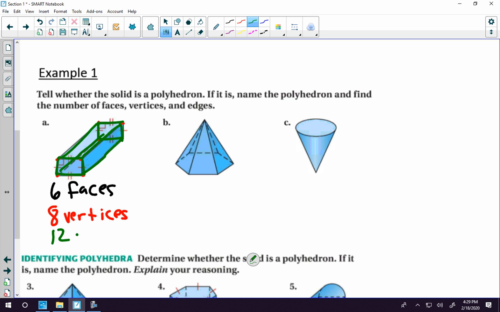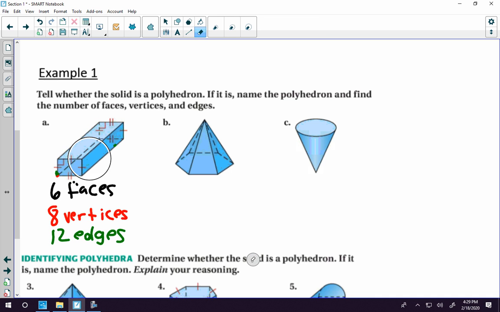So it has 12 edges. Last but not least, to name this polyhedron, the two congruent bases, which I'm highlighting in blue, are rectangles. The base in the back is a rectangle. So we would call this a rectangular prism. To be more specific, it's a right rectangular prism because the bases are perpendicular to the sides.